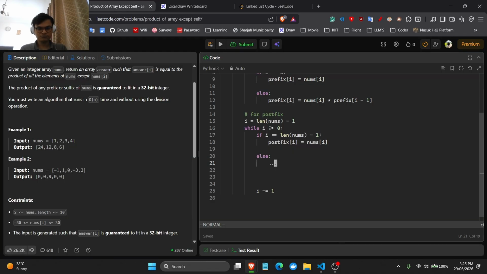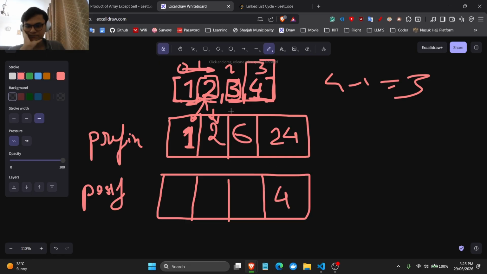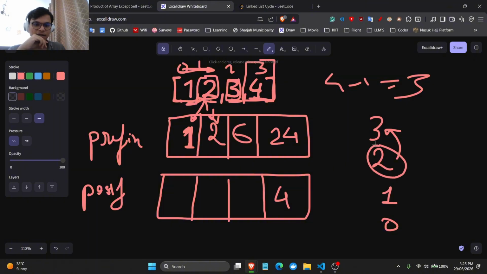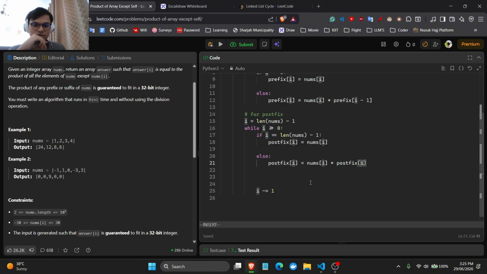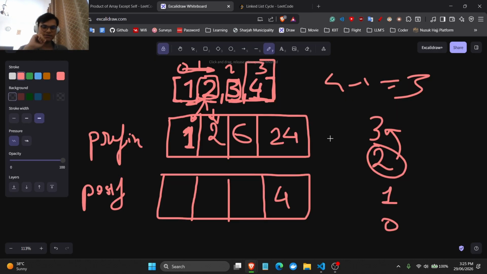तो I is equal to nums of I into postfix, बिकॉज ये उल्टा चल रहा है 3 2 1 0. तो हमें 3 का चाहिए तो 3 into 4 करना होगा. जी वांट टू गो 2. हम लोग अभी है I में. So instead of doing that, right, nums of I plus 1 because हम लोग उल्टा चल रहे हैं ना इसलिए.